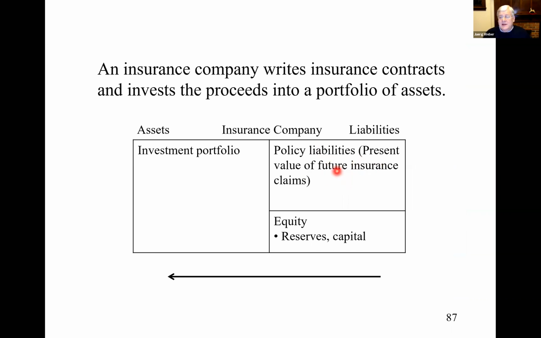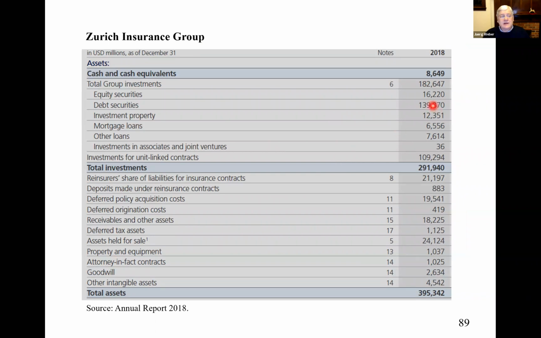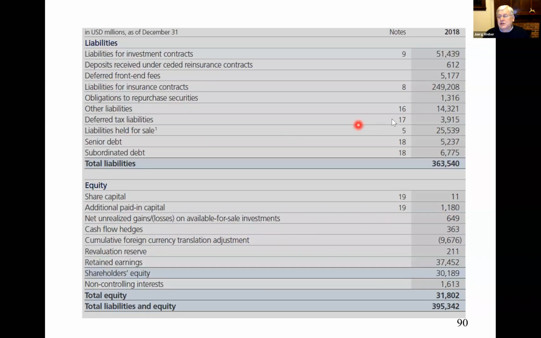Okay, those are the liabilities that arise from insurance contracts. And they list it here in their balance sheet. The $249 billion here. The remaining items are again not particularly large. Yeah, here there are some investment contracts. So here again, it turns out it's a liability of the insurance company.